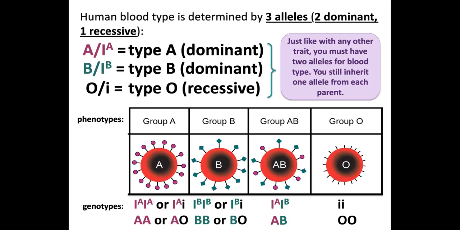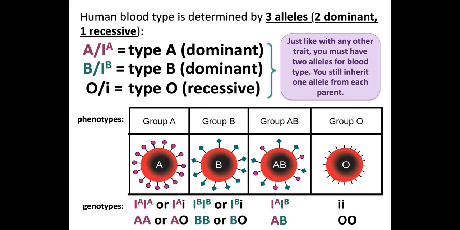So if you see IA, that is homozygous A. If you see IA little i, that's going to be what? Heterozygous, because it's different, okay? The same goes for B, and this is why these are considered multiple alleles, because you can see them 2 different ways.